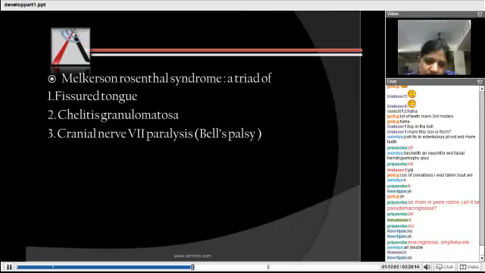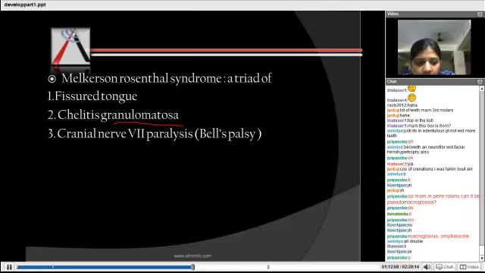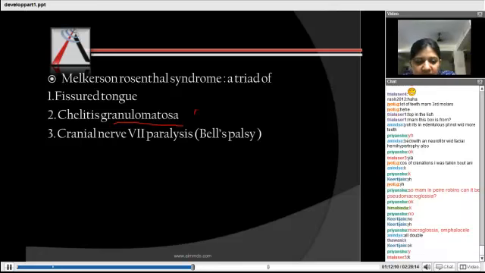And we've already seen what Melkersson-Rosenthal has. It's a triad of fissured tongue, cheilitis granulomatosa. What is the other name of cheilitis granulomatosa?